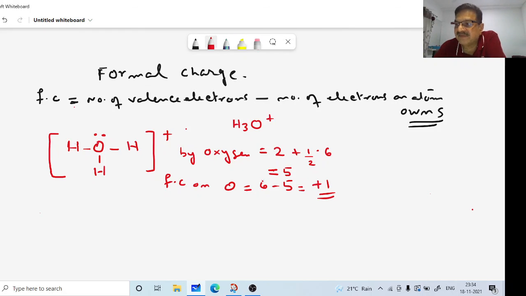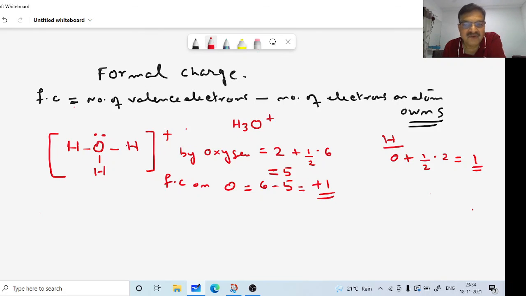Then in the case of hydrogen, the number of electrons owned by each hydrogen atom, how many are there? Hydrogen doesn't have any lone pair, therefore it is 0. And how many bonds here? OH bond, 2 electrons, therefore it will be half of 2, so it will be 1. This is the number of electrons owned by the hydrogen atom, because it is forming an OH bond.